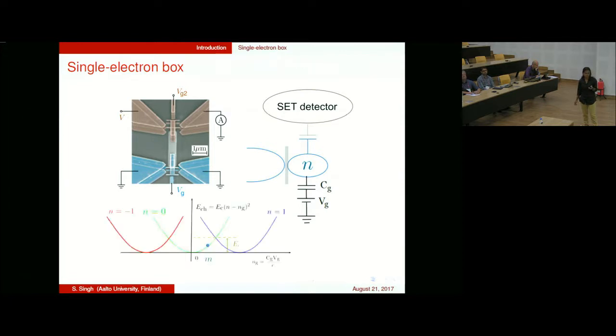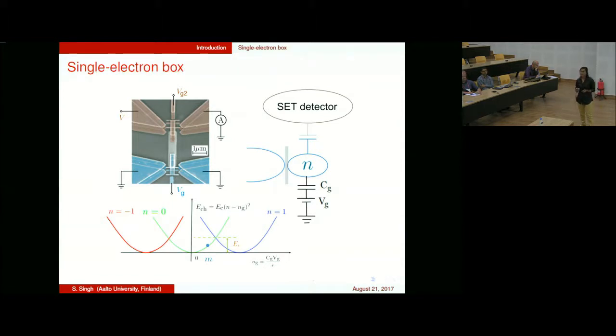That we can understand with this energy diagram. Here I'm plotting on the y-axis the energy of this island, as a function of N and Ng. N is the number of extra electrons in the island, and Ng is a function of the gate voltage, with Cg and e, the electronic charge, being constants.